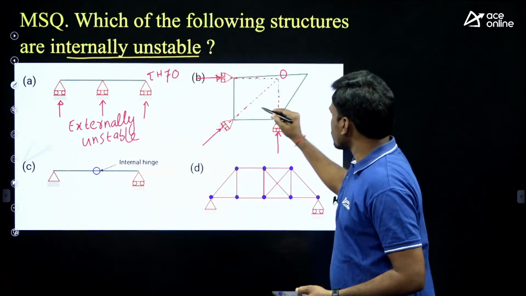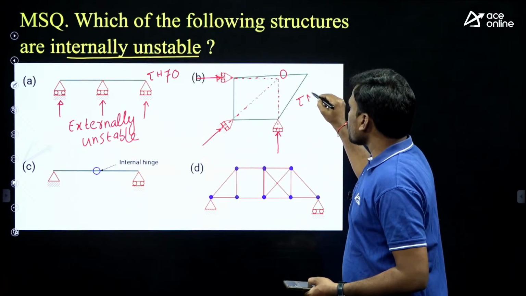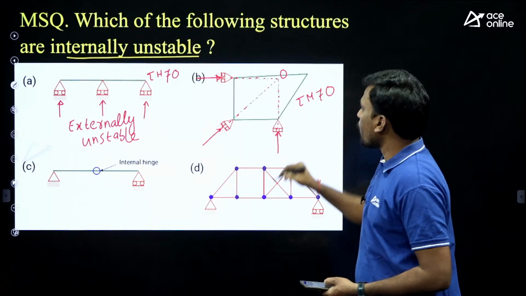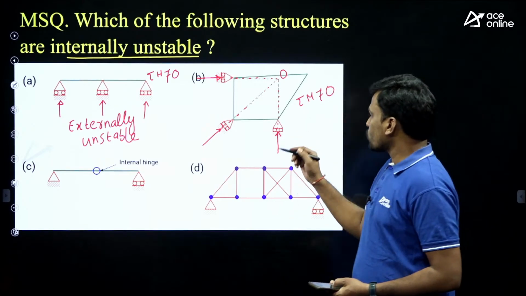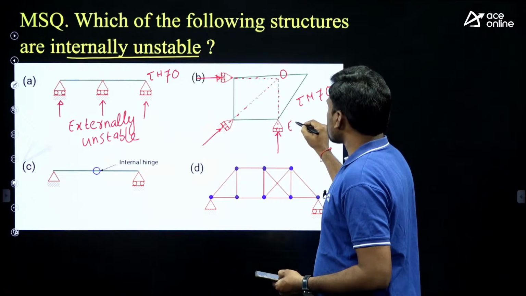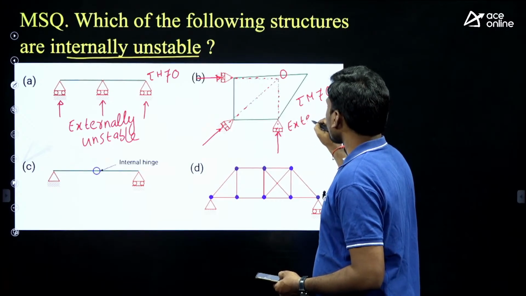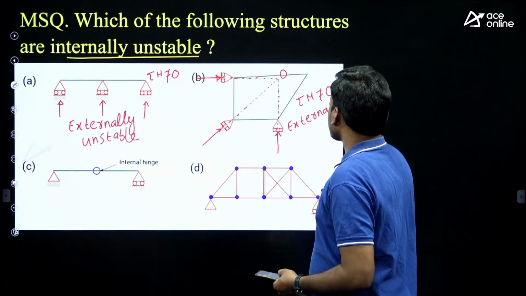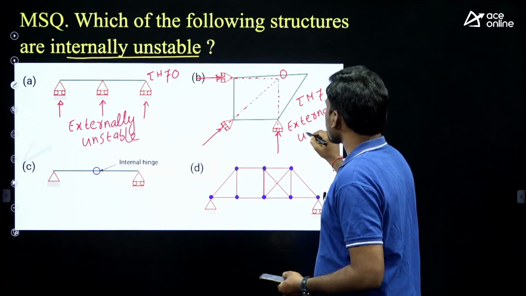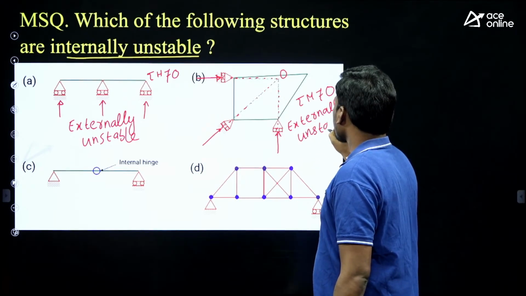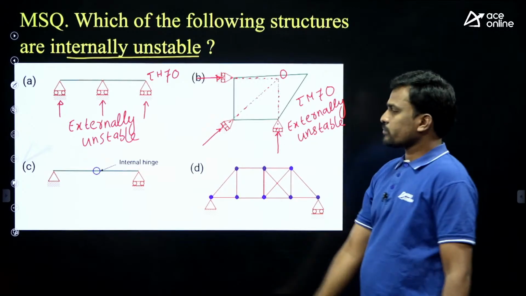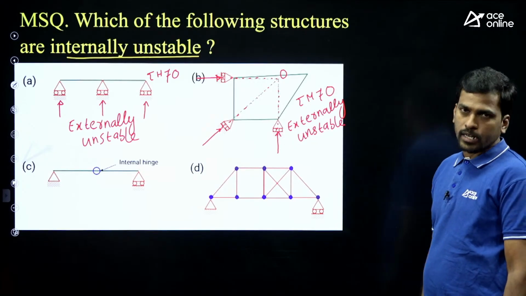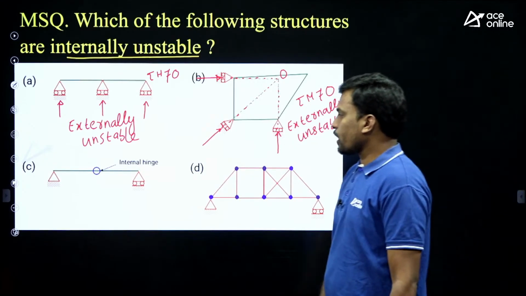Then for the second diagram, the moment equilibrium equation is not balancing. So this is also unstable, but this is externally unstable. Externally unstable. Next, third diagram.